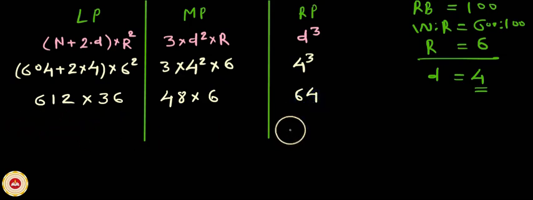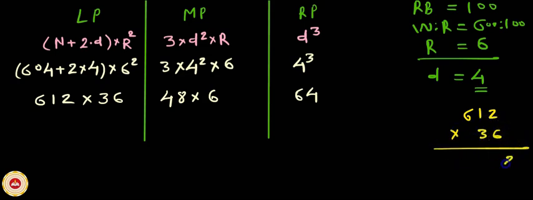Now let us calculate further. 612 multiplied by 36. 6 2s are 12, 6 1s are 6 plus 1 is 7, 6 6s are 36, 3 2s are 6, 3 1s are 3, 3 6s are 18.